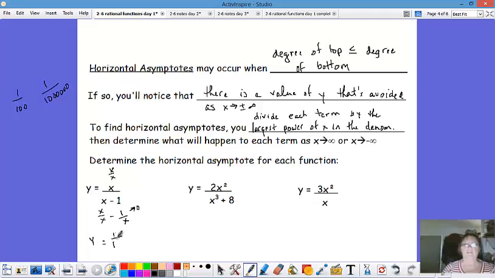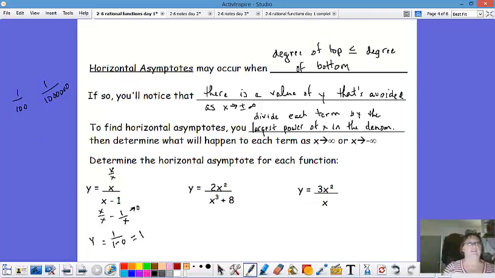So technically what we're saying is when x is really, really big or really, really small, then this just doesn't matter. It's going to go to 0. And the horizontal asymptote in this is the line y equals, well, it's 1 over 1 minus 0, so that's y equals 1. This one has a horizontal asymptote at the value y equals 1.